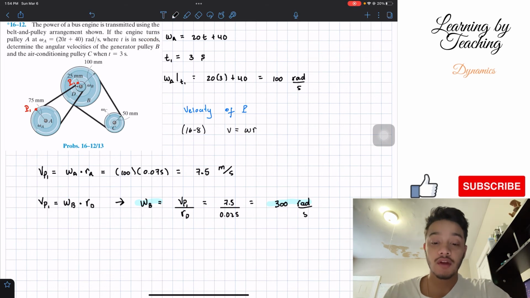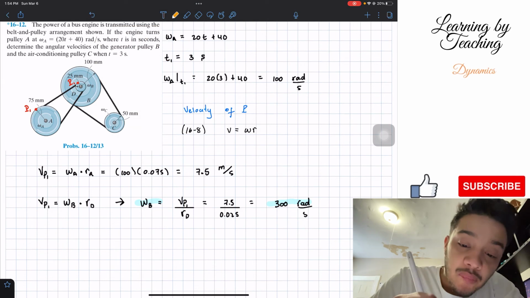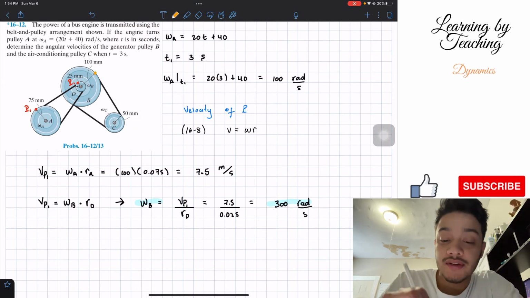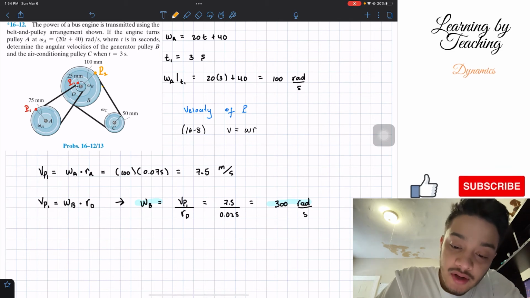Very similarly, we're going to think about a point on our disk B and call it point 2, in order to apply the same concept: every single point around here should have the same velocity.